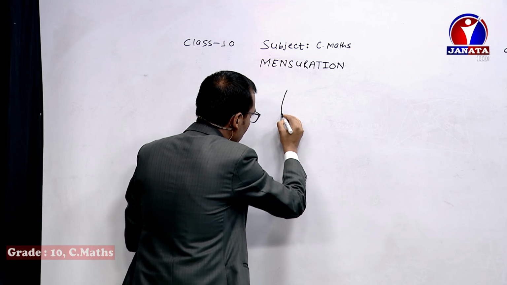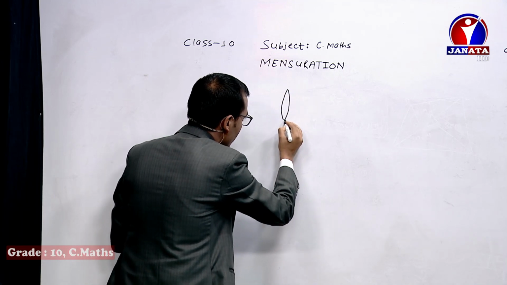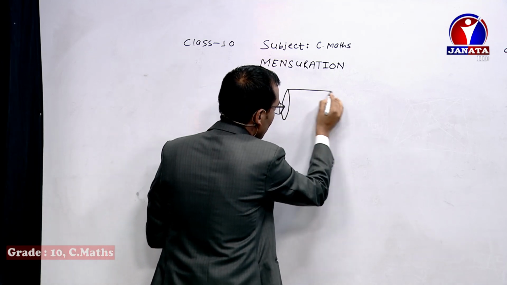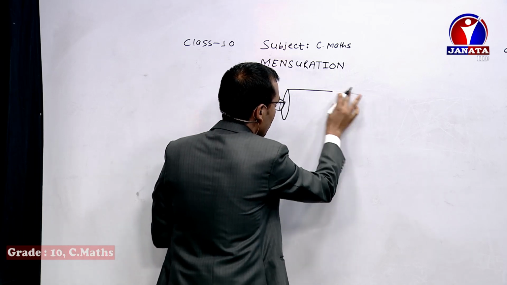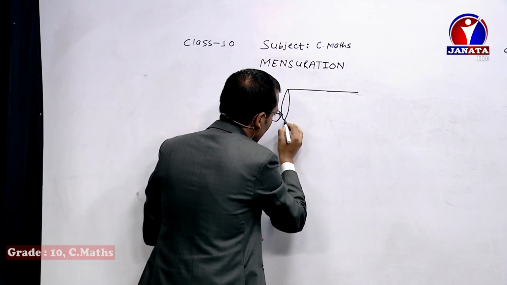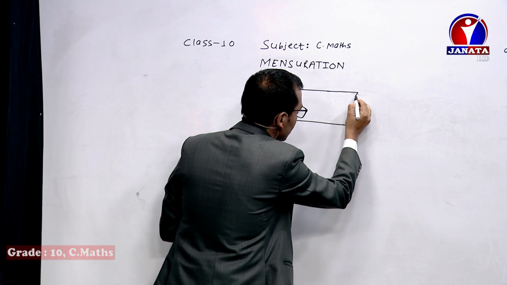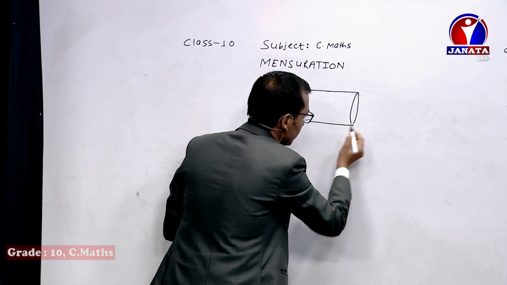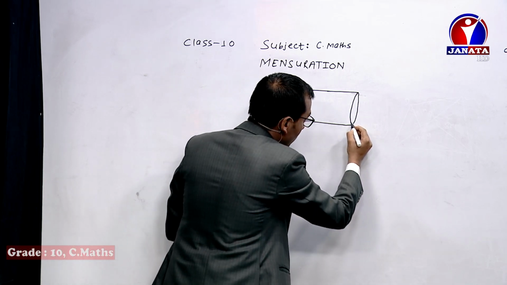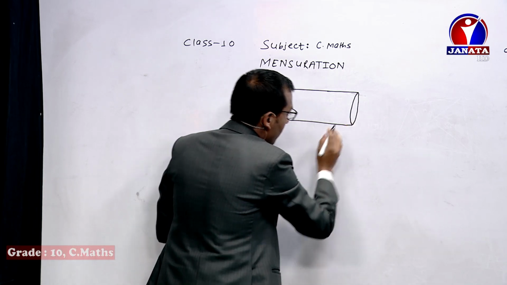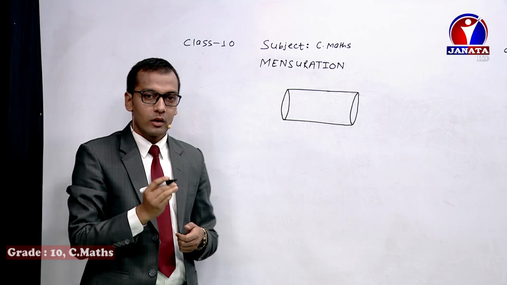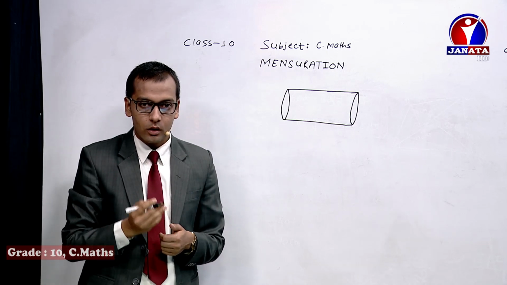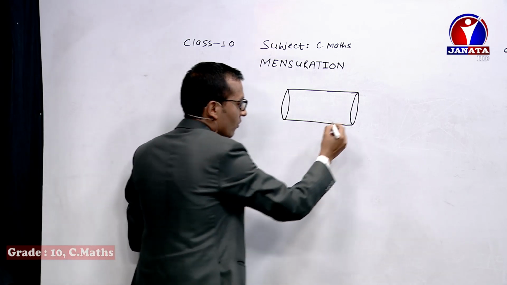Let's draw cylinder. We have already discussed what is cylinder. Let's draw the figure. With the help of this figure, I am going to explain what is lateral surface or curved surface area.